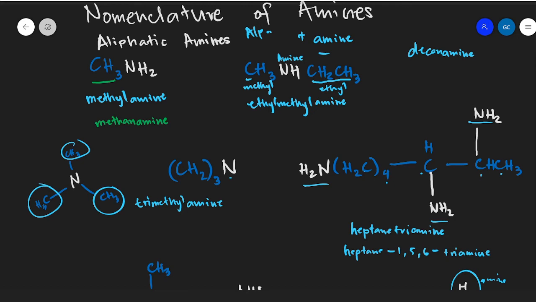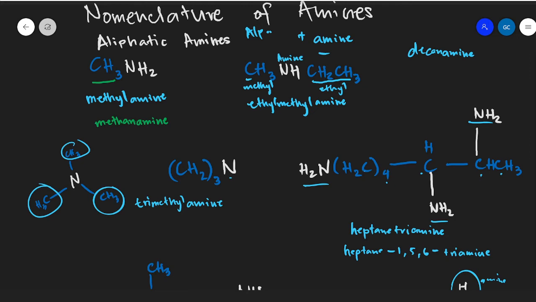So, paano naman yung mga secondary at tertiary amines? So, for secondary and tertiary amines, we will name them as derivatives of primary amines. Wherein by derivatives of primary amines, kumbaga, itong methanamine natin, kung dinagdagan mo pa siya ng isang methane, yung isang methane na yan ay ititreat mo as isang substituent.